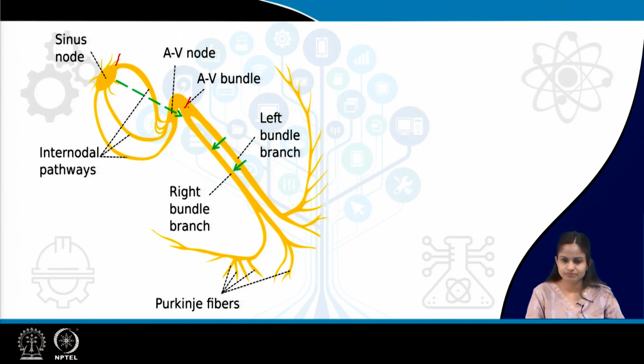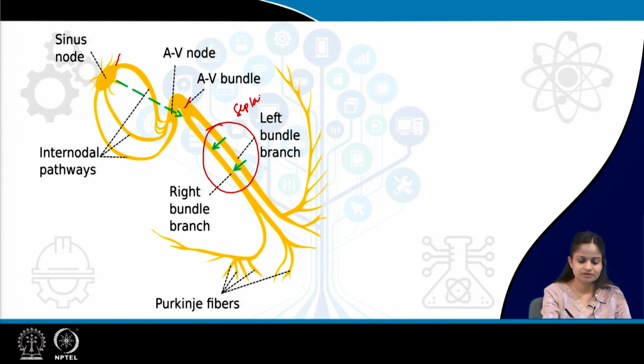Then moving to the His bundle, at the level of the His bundle, it divides into the right bundle branch and left bundle branch. At the interventricular septum, there will be septal depolarization first.